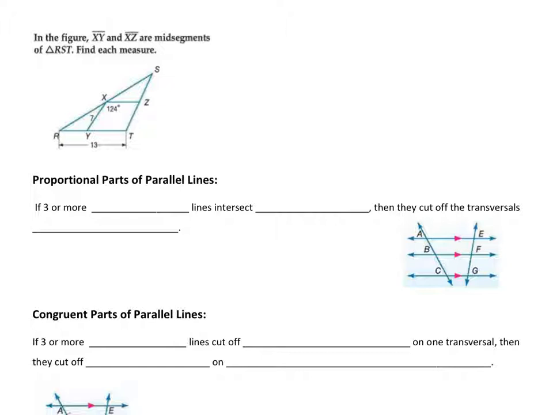Okay, so let's see how some of this applies. If we have this triangle, it says to find x, well, it doesn't say which ones. Well, I'll tell you which ones. Find XZ, find ST, and find the measure of angle RYX.